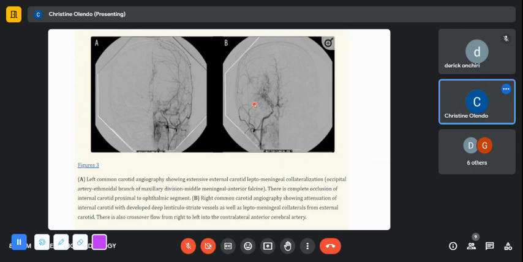So I think we've already described this. A is a left common carotid angiograph showing extensive external carotid leptomeningeal collateralization. This one is a bit hard, but there's also complete occlusion of the internal carotid proximal to the ophthalmic segment.